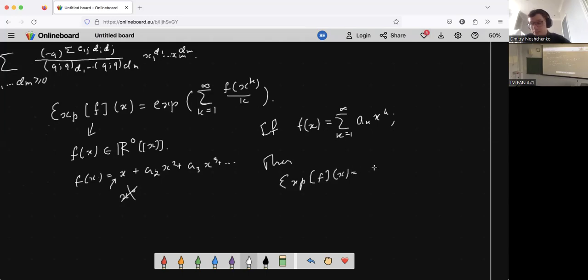What it does is it transforms the sum into a product. So here the result essentially is a product from k equals 1 to infinity of (1 minus x^k) to the power minus a_k.